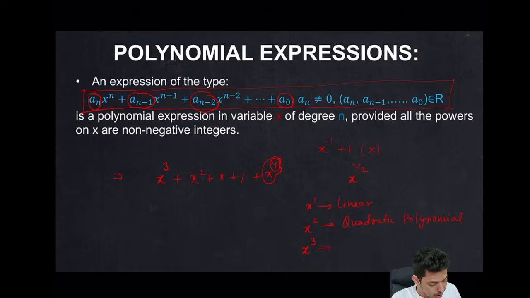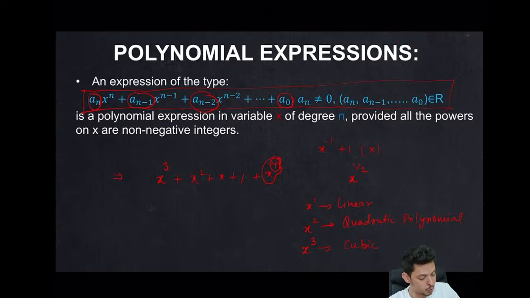Likewise, highest power 3 is going to be called a cubic polynomial, or we can say a third degree polynomial, and henceforth this lingo follows. If you have a power 4, it will be a biquadratic, or we can call it a fourth degree polynomial, and so on. But as in class 10th, hardly will you find a polynomial beyond power 3.